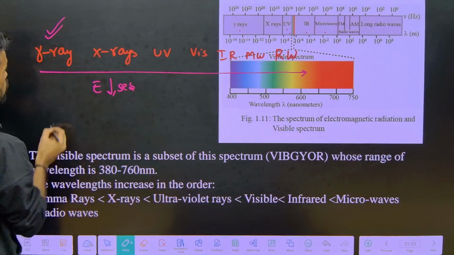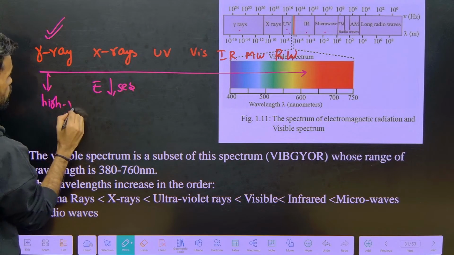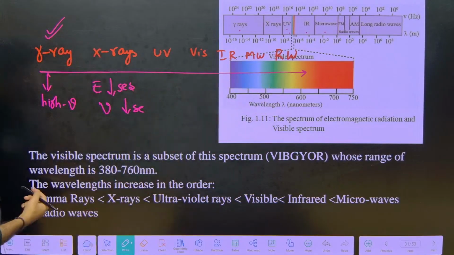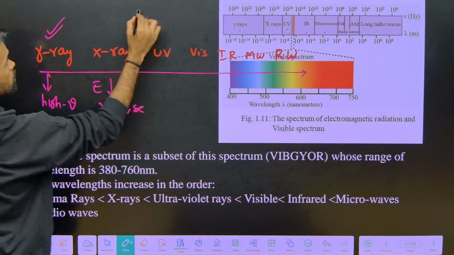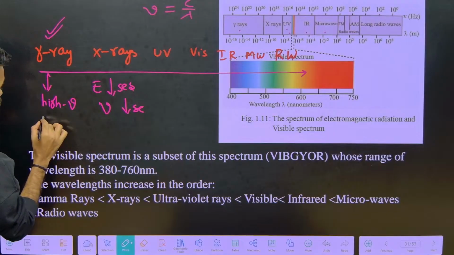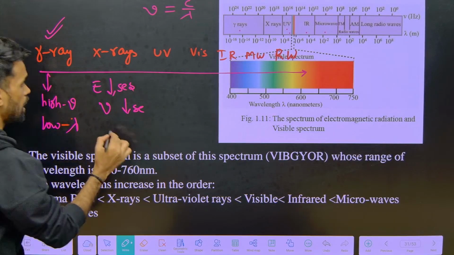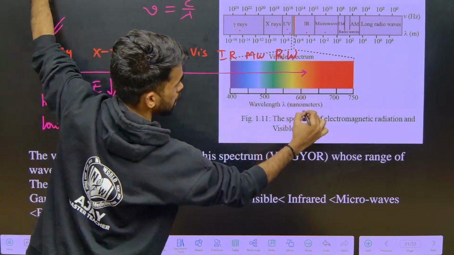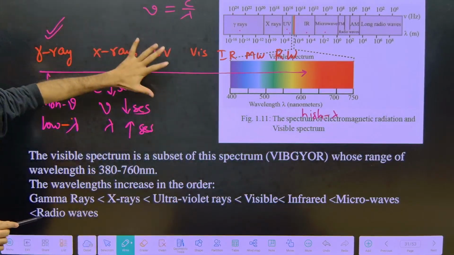This is high frequency, so frequency decreases as we move this side. Frequency is C by lambda, inversely proportional. So this is low wavelength, and lambda increases as we move this side, so this is high wavelength. Clear, this basic understanding?